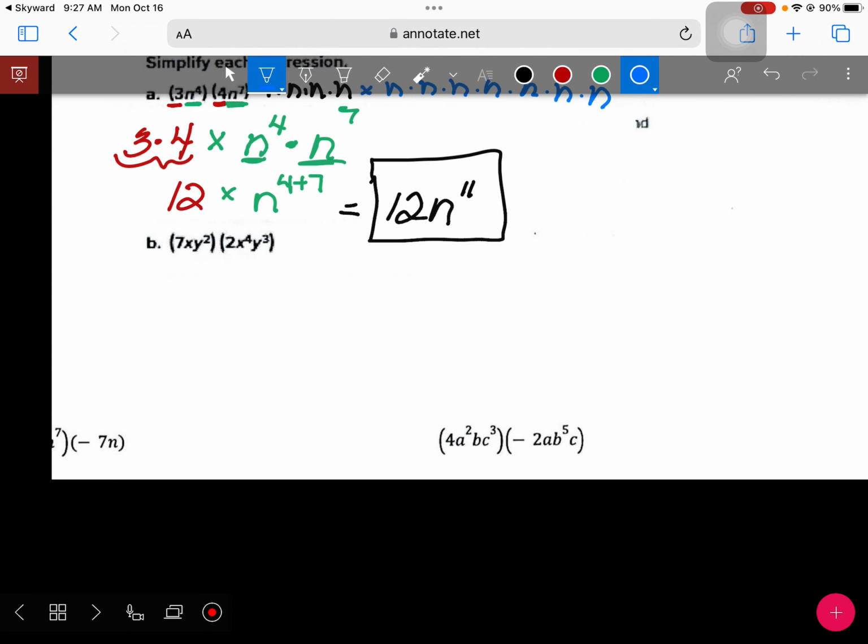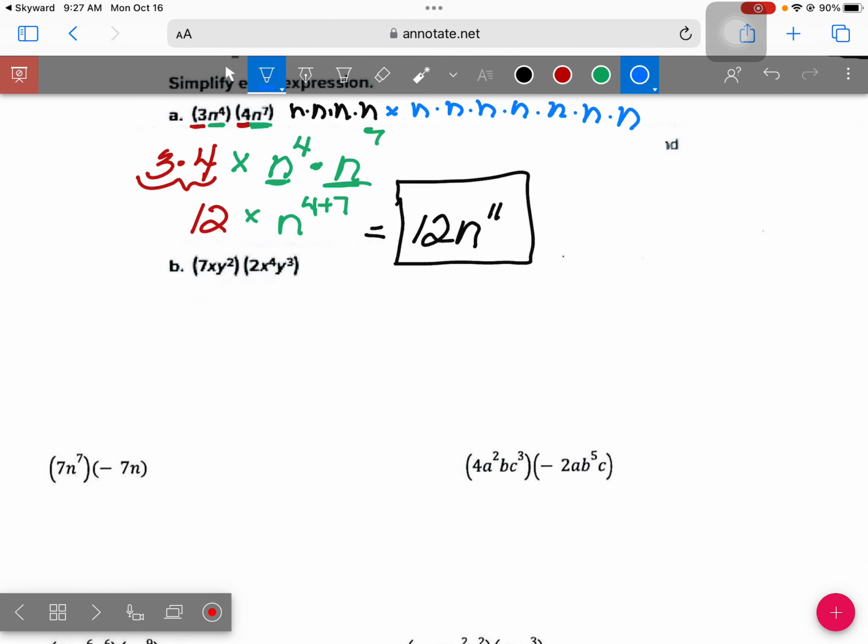All right, let's take a look at b. Look at your coefficients. Those are the numbers out front. So 7 times 2. Then I'm going to put together my x's times x. Uh-oh. What is my exponent on that first variable of x? There's nothing there.